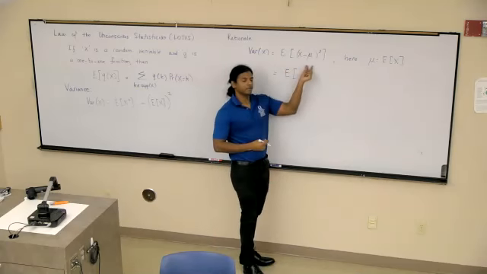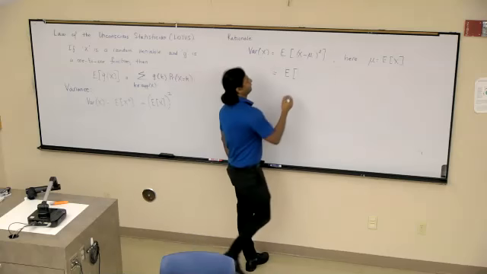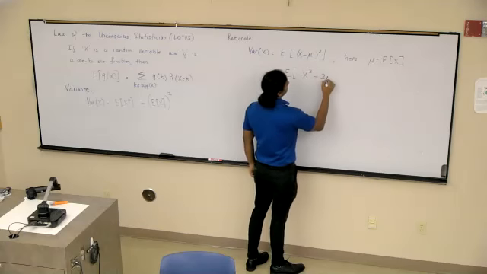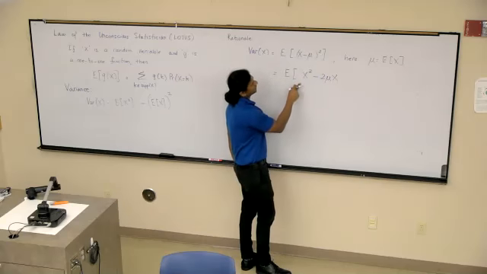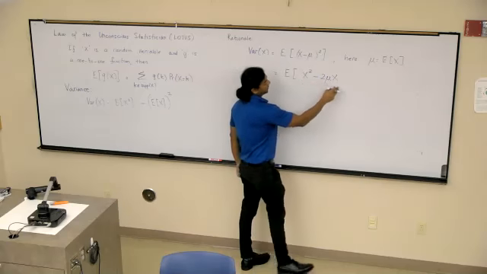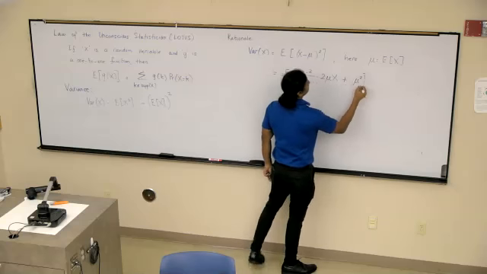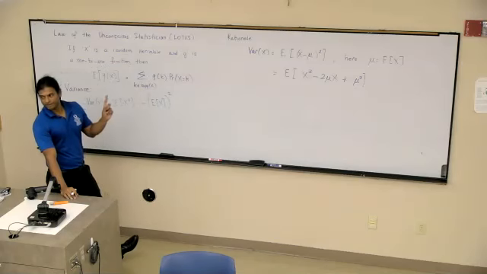I'm using mu so that I don't have to write expectation time and time again. If I FOIL, I would have X squared minus 2 mu X plus mu squared. Correct?